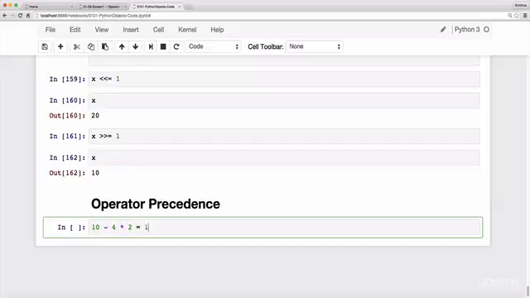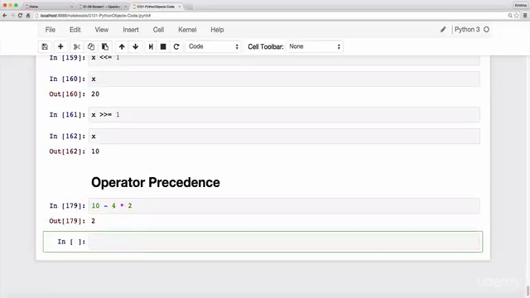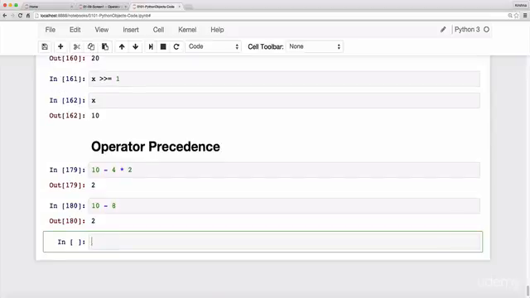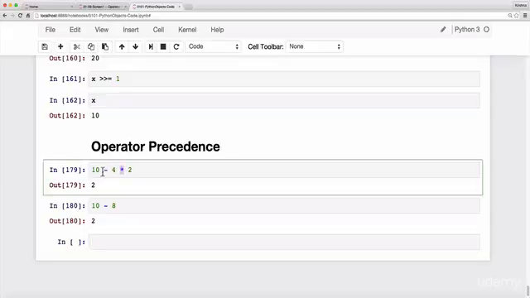Let us see how the Python interpreter executes this. It gives 2 multiplied by 4, which is 8, so 10 minus 8 gives 2. That means the Python interpreter has executed the multiplication first, and then the subtraction.